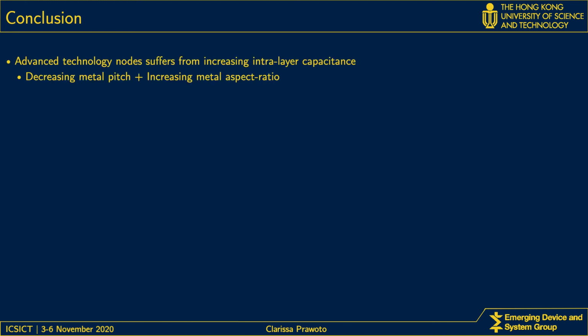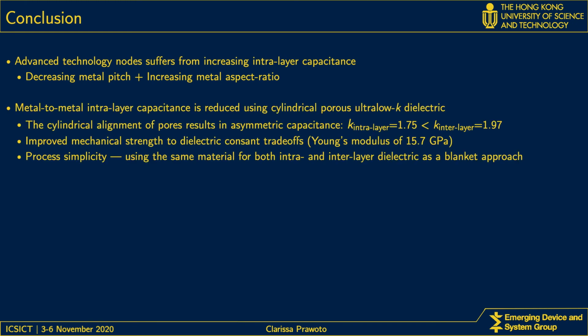As a conclusion, we have identified the increasing importance of intra-layer capacitance compared to the interlayer capacitance in advanced technology nodes. Therefore, capacitance reduction should focus on the intra-layer dielectric. And to do so, we have proposed the use of asymmetric porosity in the form of a cylindrical porous dielectric, such that the intra-layer dielectric constant is lower than the interlayer.